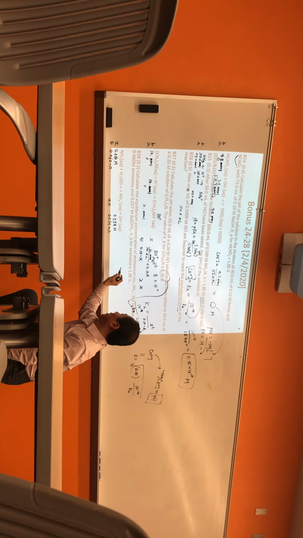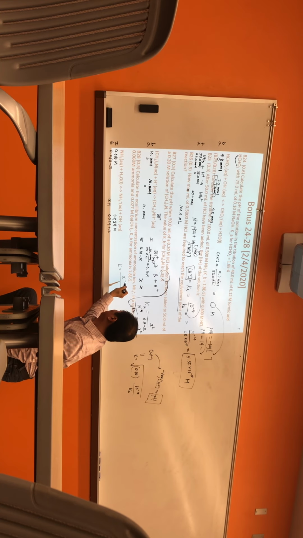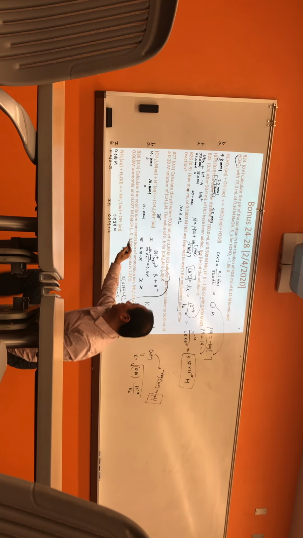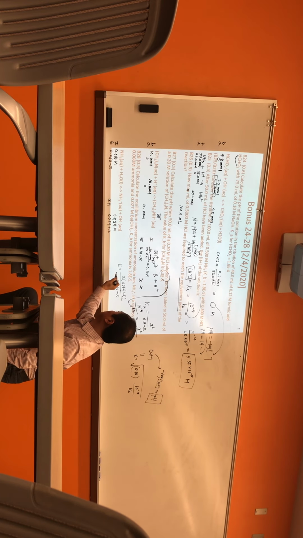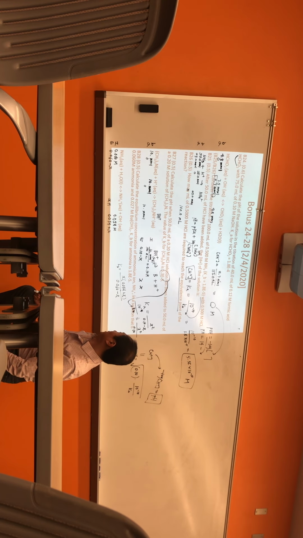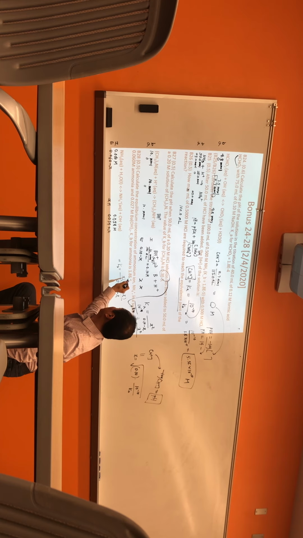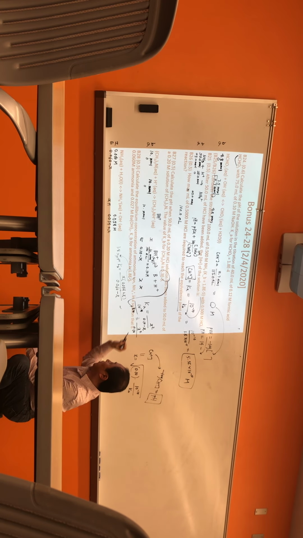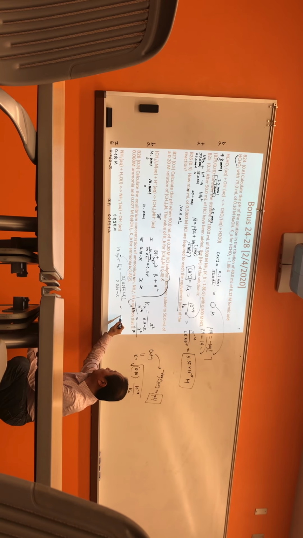So my K value is product over reactant, and my reactant is base, so this is Kb, and Kb is just given right there. Now on this side, you're going to assume x will be small.